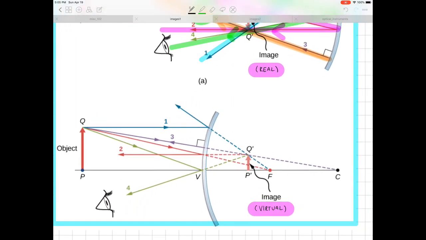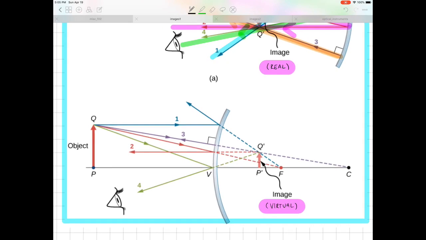For a convex mirror, you have similar 4 rays, but they are slightly different. So let's walk through those 4. Again, I've got an object here placed on the optical axis. The first ray that I'm going to draw is, just like in the previous example, a ray from the top of the arrow that's parallel to the optical axis.